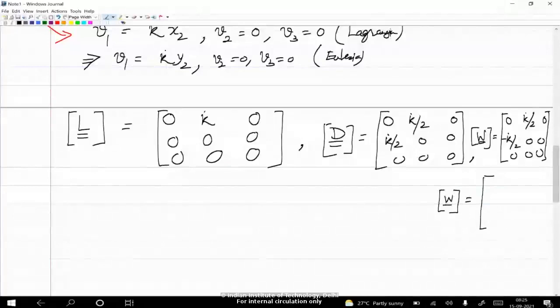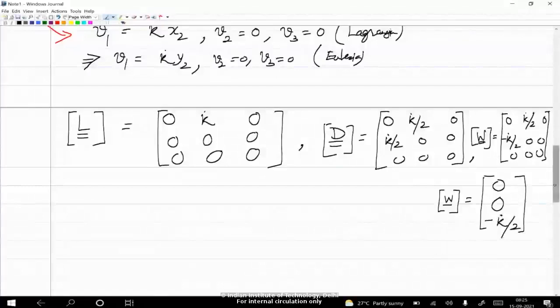That means when you find out the axial vector, it's going to have only the third component. So first two are 0 and third will only be non-zero. And third one, if you follow the way we extract it, it comes out to be k dot by 2 with a minus sign. So that's the angular velocity. And when you talk of vorticity, it is simply 2 times of this, right?